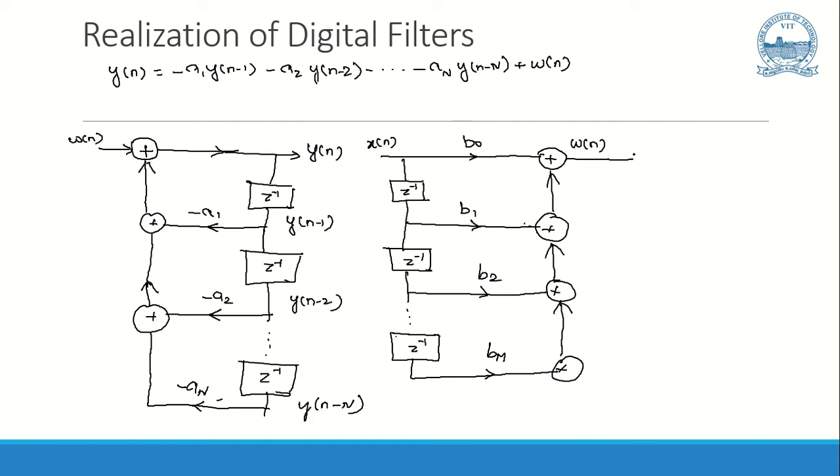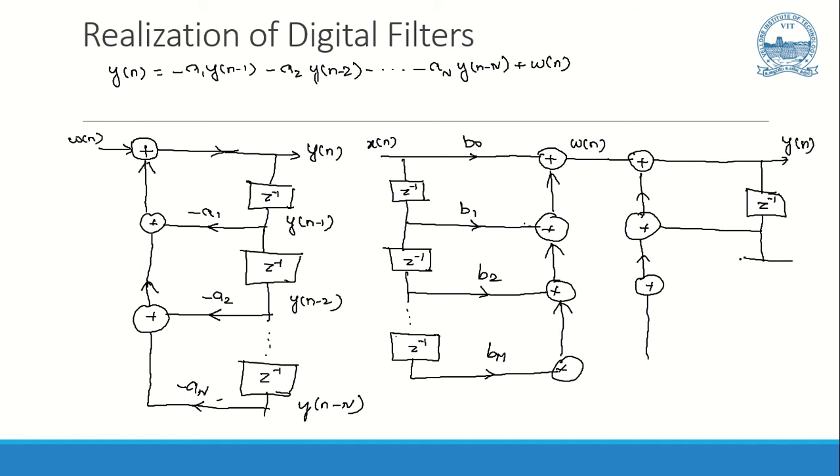From w of n to y of n, I need one more adder. Y of n, so if I have this minus an.